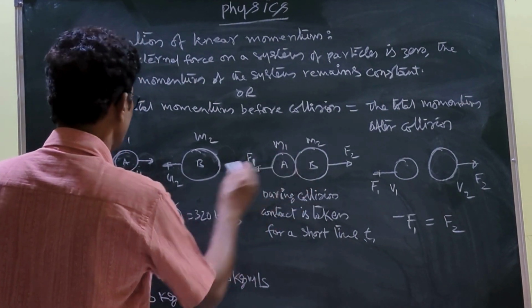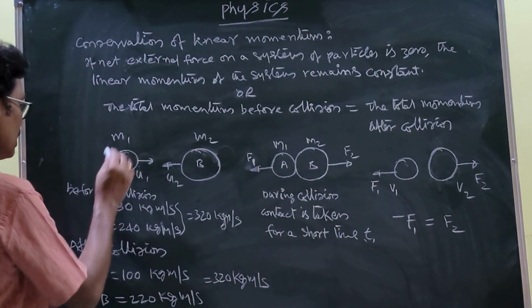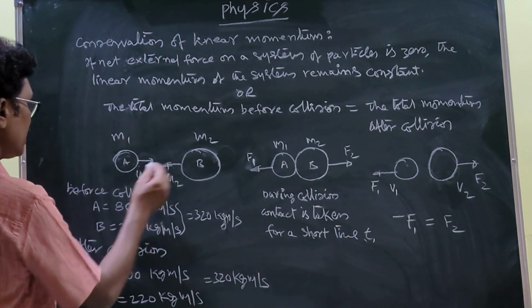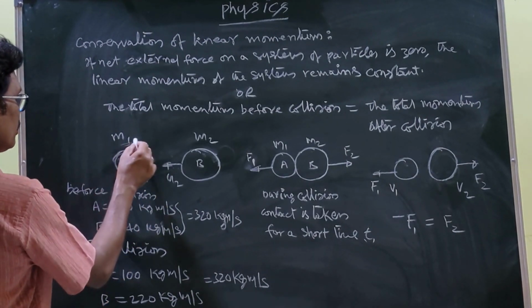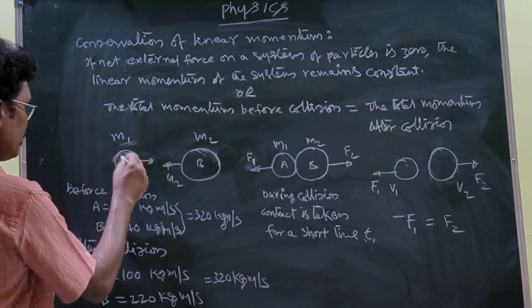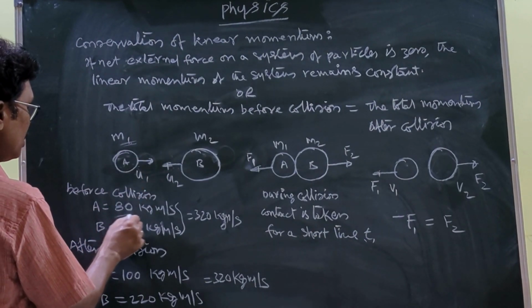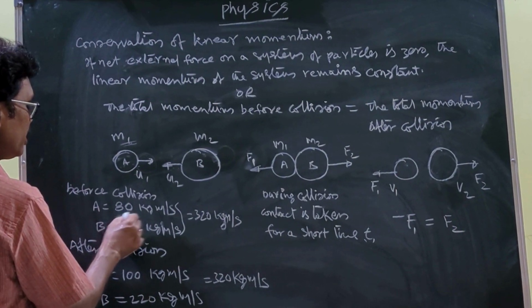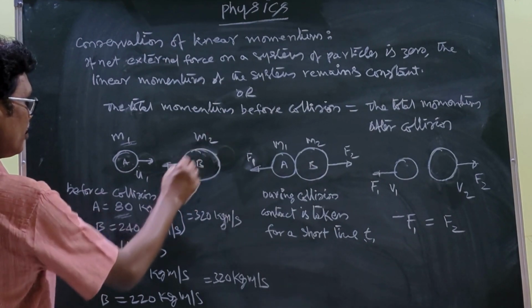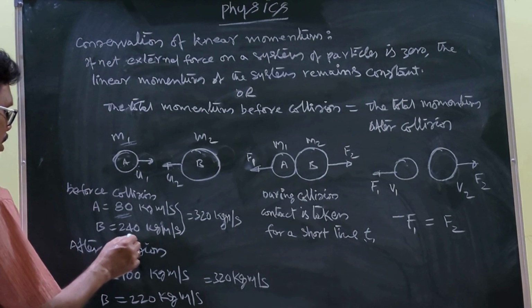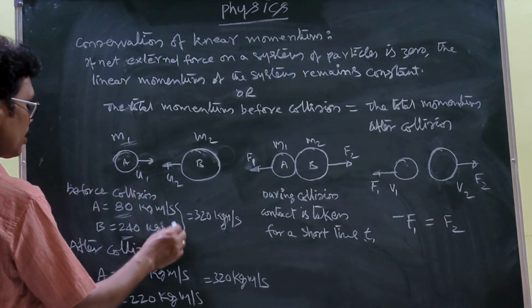So what is happening here? Before collision, what is the momentum of these two objects A and B? Mass into velocity gives the momentum of the object. Let us assume A's momentum is 80 kg meter per second. B's momentum before collision, m2 into u2, let us say is 240 kg meter per second.